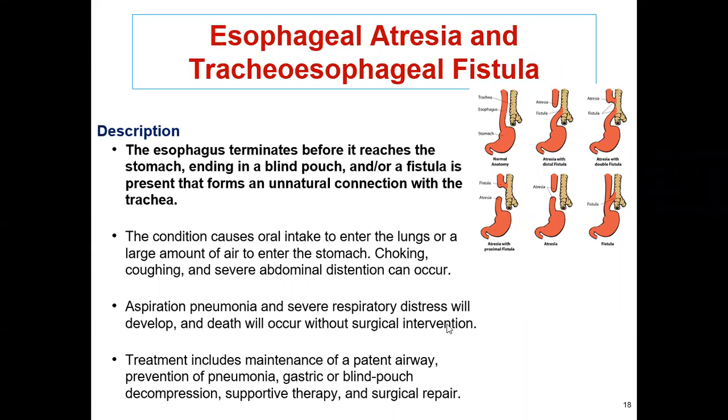So it is a birth defect that causes malformation of the esophagus and trachea, causing a high risk of aspiration pneumonia and respiratory distress. The treatment includes maintenance of a patent airway, prevention of pneumonia, gastric or blind pouch decompression, supportive therapy, and surgical repair.